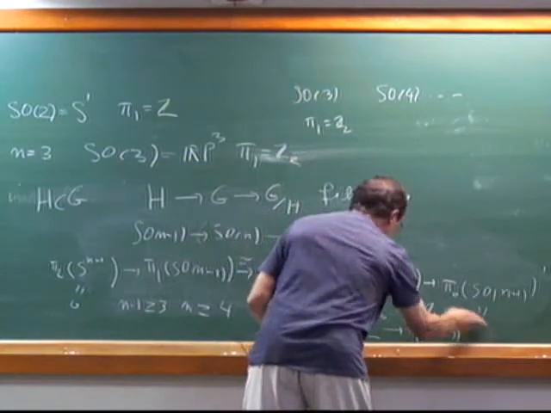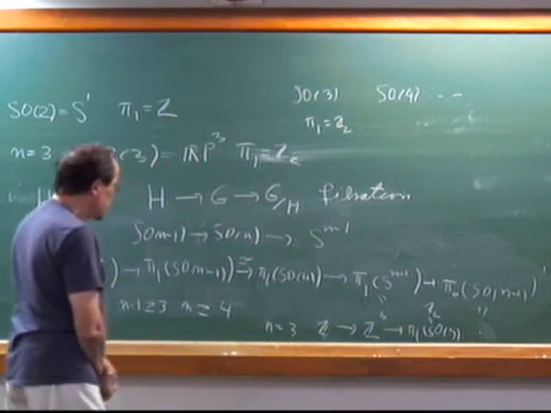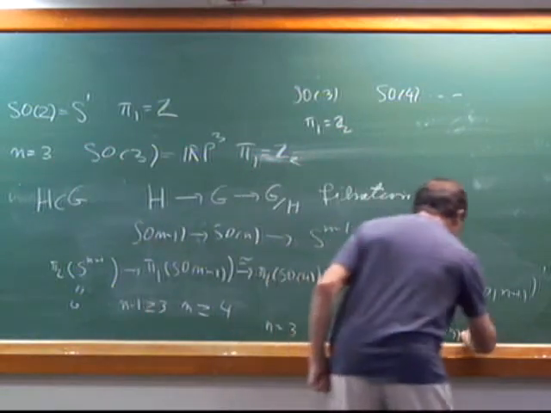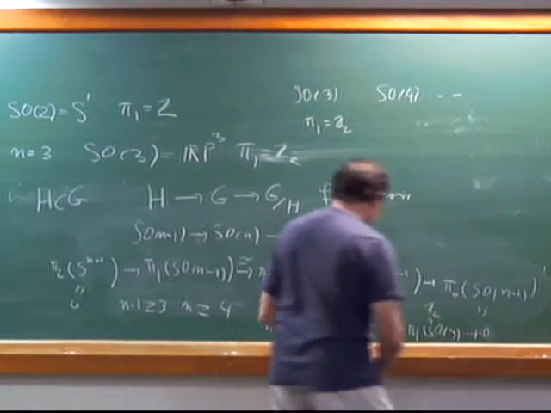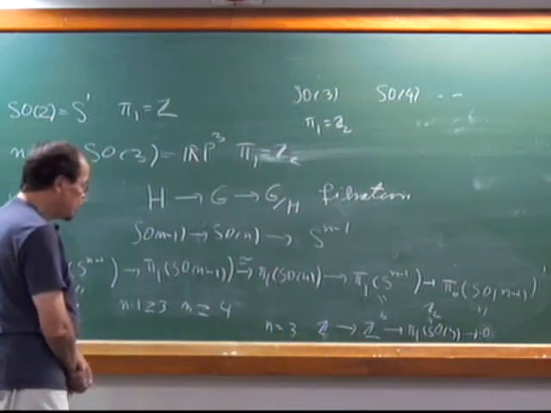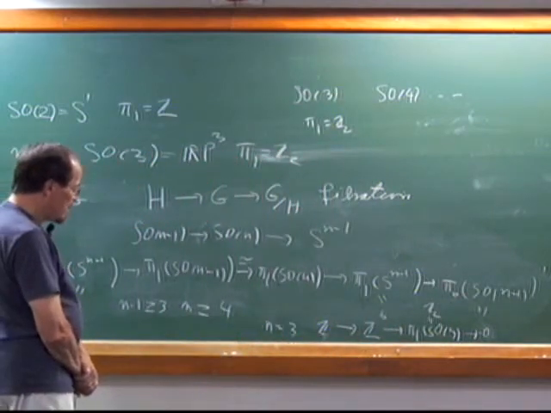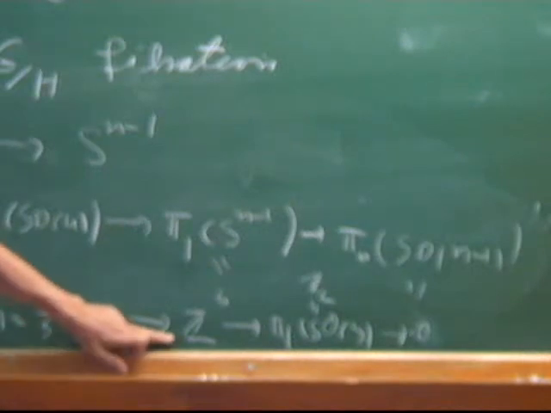And what's the next one? Pi 1 of S2 is 0. Okay, right. So that's also an exact sequence. So what does it say? It says that this one is onto.